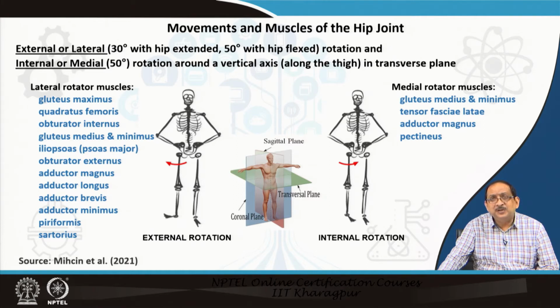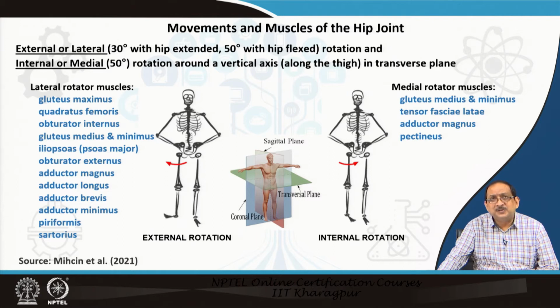The medial rotation is a rotation of the hip towards the midline of the body, and it is called internal or medial rotation. The maximum angle is 50 degrees rotation around the vertical axis in the coronal plane.